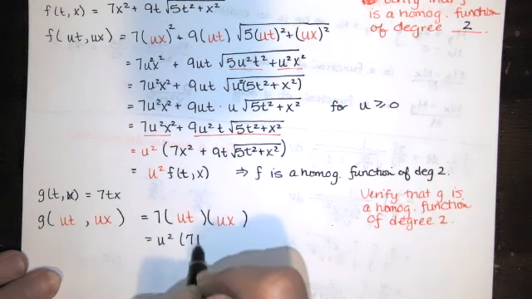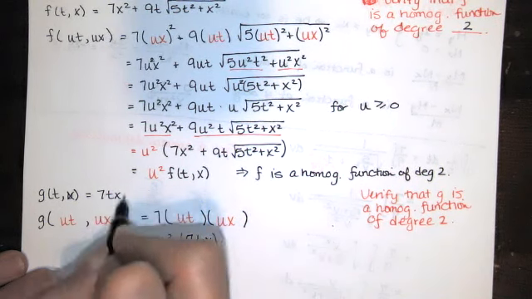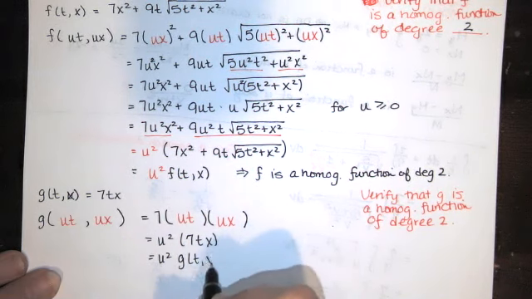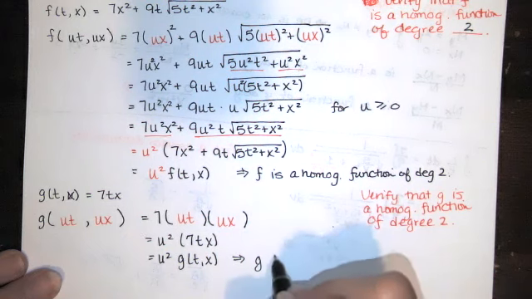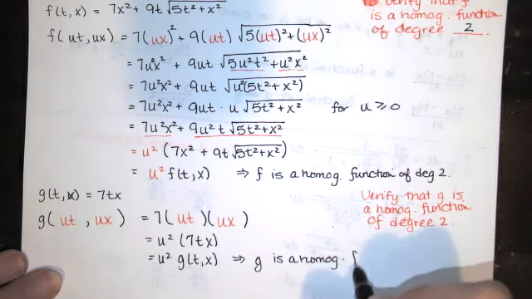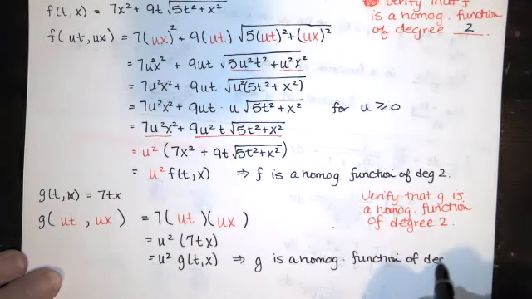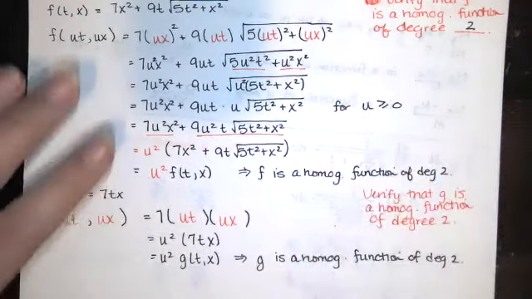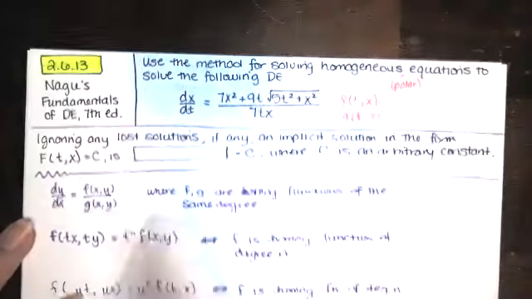That's u squared times 7 times t times x, which is u squared times the original function. So g is also a homogeneous function of degree 2. Since that's true, we've got 2 homogeneous functions of degree 2. That means this differential equation is a homogeneous polar differential equation.